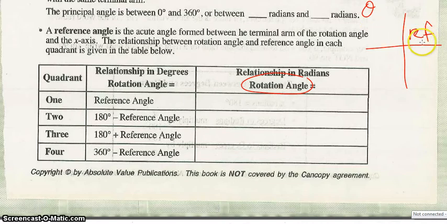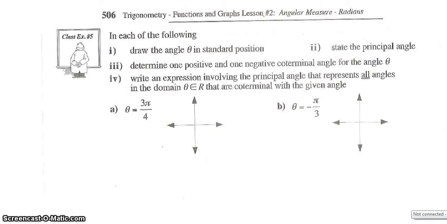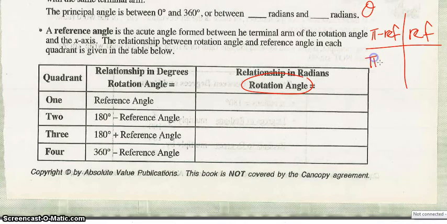The reference angle is an angle always between 0 and 90 degree, between 0 and pi over 2. So in this quadrant it will be pi minus reference, right? Then you have half a circle minus the reference angle. Then you end up with the angle in the second quadrant. And the next one will be pi plus reference angle. And finally it will be 2 pi minus reference angle.